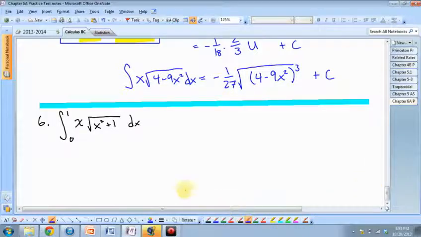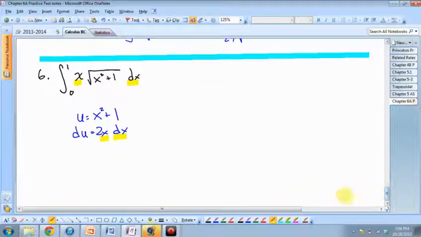Yes. Okay, so if u is equal to x squared plus 1, du is equal to 2x dx. I'm going to match dx, dx, x, x. Yeah, it looks pretty good. Everything is accounted for. That gives me x dx equals 1/2 of du.